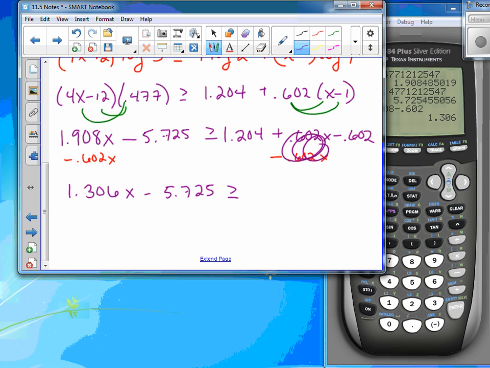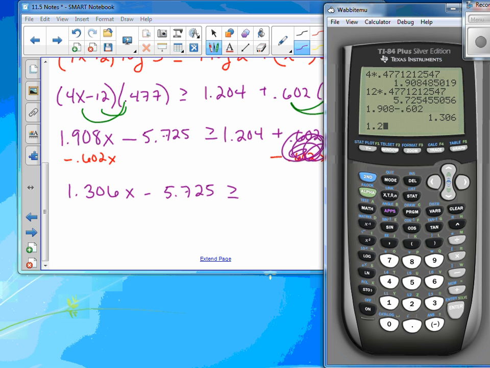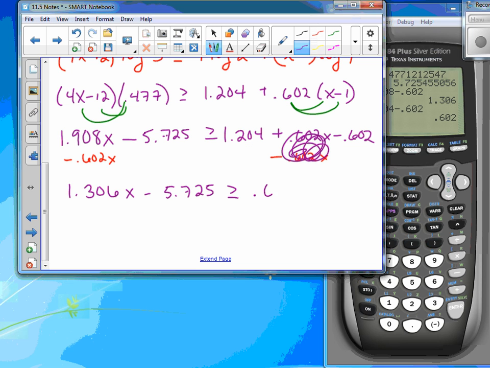So that means on this side, we just have 1.204 minus 0.602. So that's 0.602. Could have figured that out, I guess. All right. So then all you have to do to finish this is add 5.725.